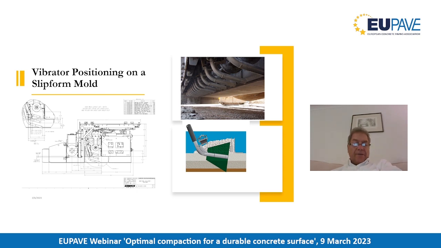On the left side, the drawing of a typical slipform mould is showing you the various adjustments to the vibrators depending on the thickness of slab you're paving and whatever is set out in front of the paver.